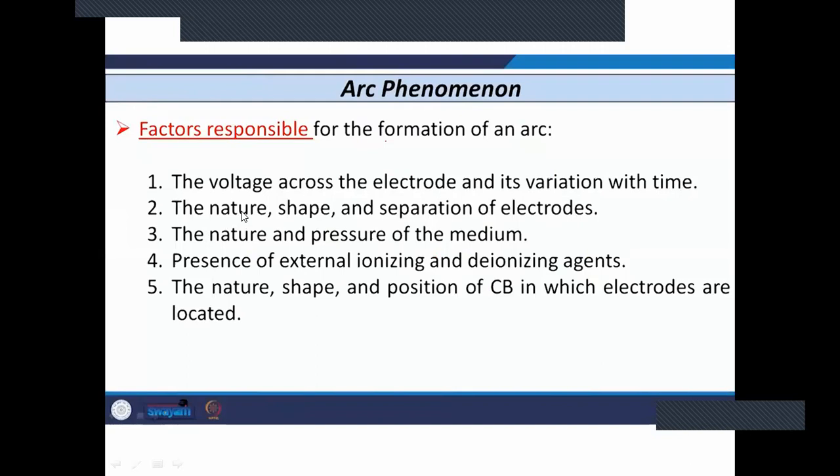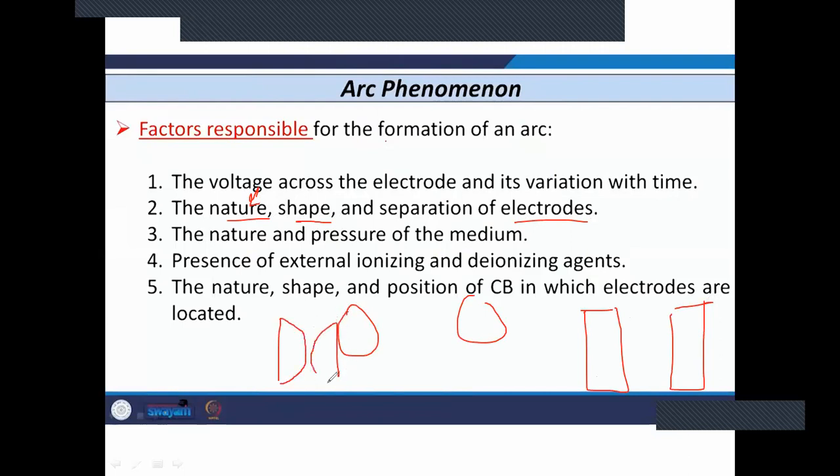Their nature means what type of structure we are using for the electrodes. It means the material used for the electrodes, and the shape: spherical electrodes, rod type electrodes, or some other type of electrodes, called Rogowski profile electrodes.